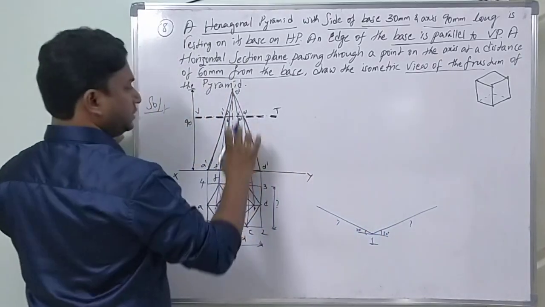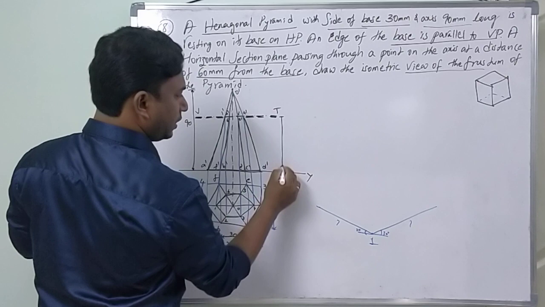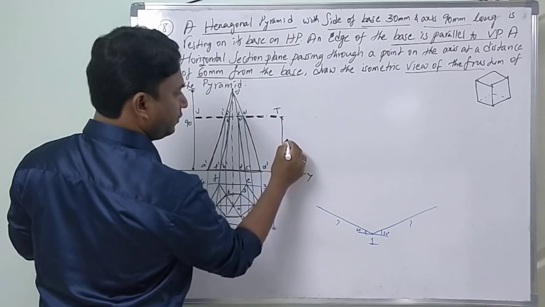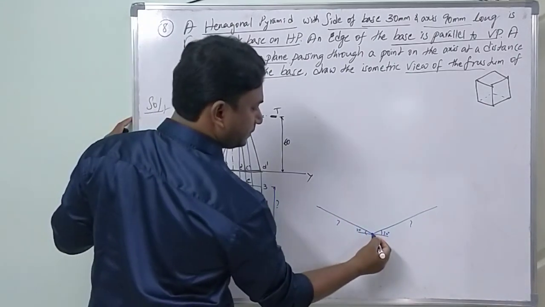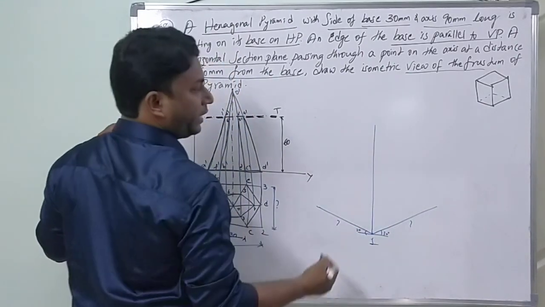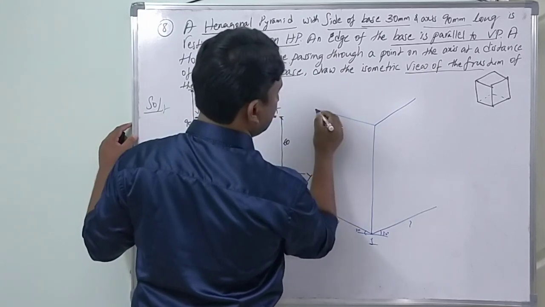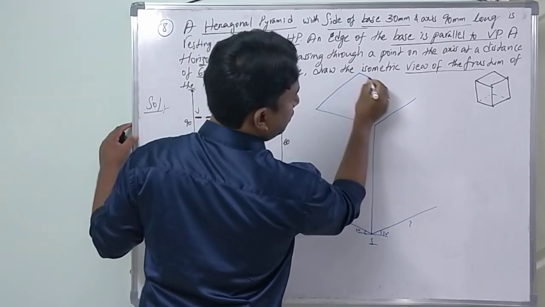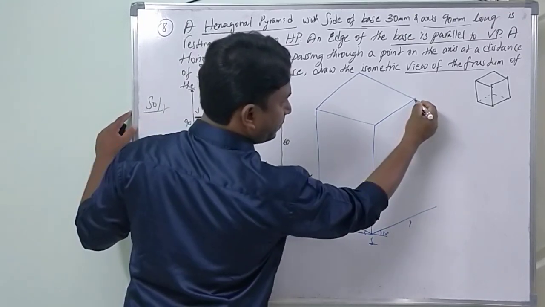Now the height: see, the total height is 90, but for the frustum, this particular cutting plane is at a height of 60. So the height is 60. At a height of 60, I am drawing the iso top, completing the same.